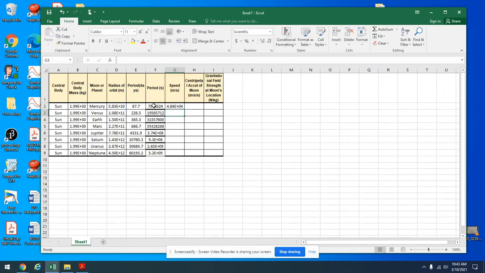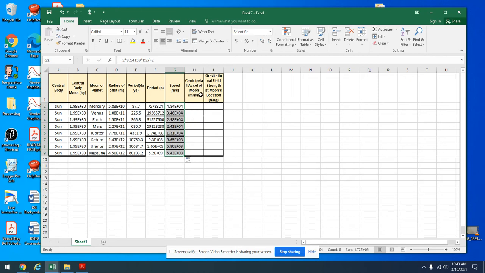And I enter there, and it does that calculation for me here. And then I'm going to go ahead and populate that column. All right. And you see, just to observe here, the further away these planets get, the slower they're going. So that's an interesting observation.